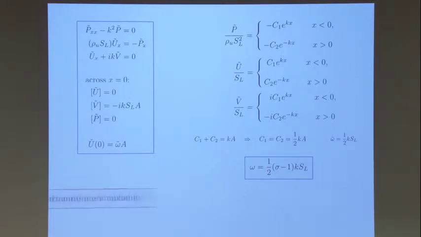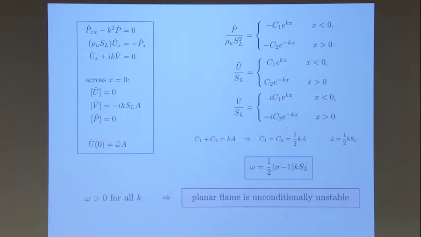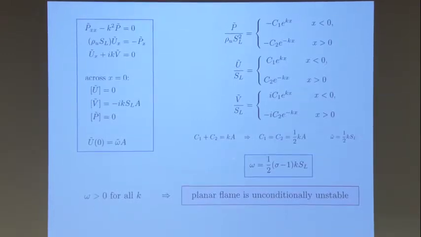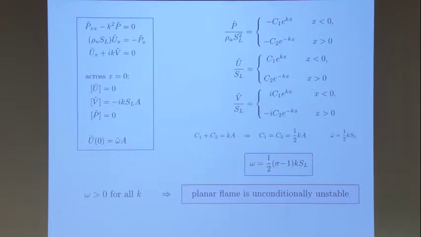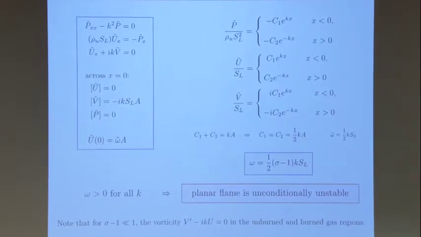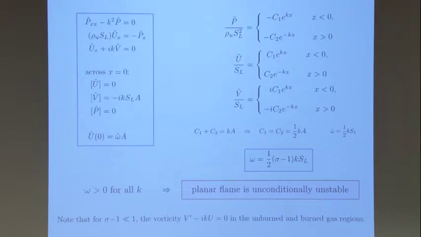Of course, Darrieus and Landau did that for general sigma, and I will tell you the answer, but this is true for weak as well as for strong thermal expansion. The planar flame is unconditionally unstable. In order to understand this, I want to use some of the results that I have mentioned before about the perturbation of the velocity and the perturbation of the position, which I will quote in a minute.